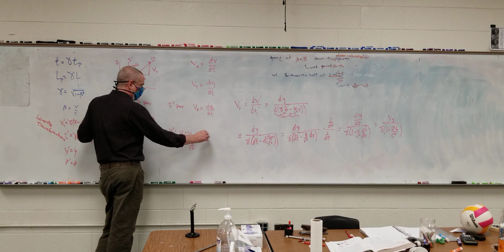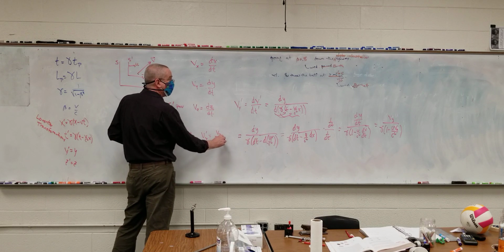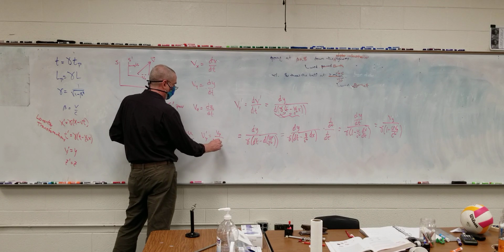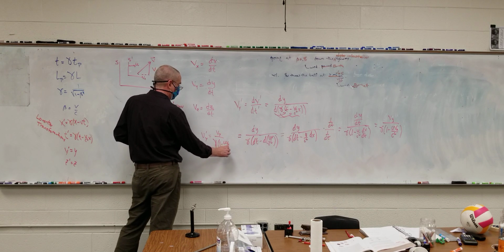And Vy prime would be Vy over gamma times 1 minus u Vx over c squared.